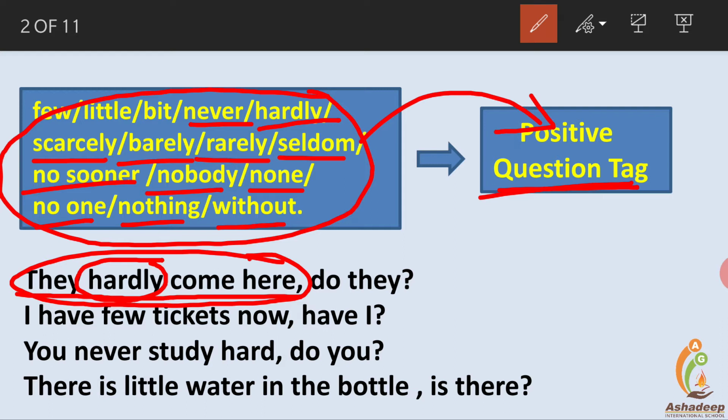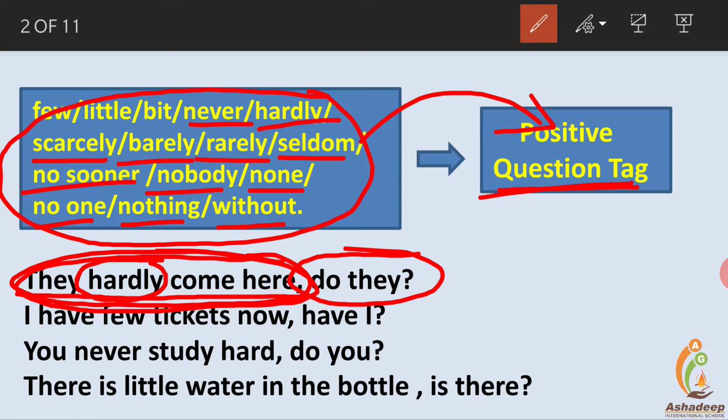They hardly come here means: when do they come here? No, almost never. They do not come here. It gives that meaning, and that's why this sentence is taken as a negative sentence. And as per the rule, the question tag should be positive. So here we have a positive question tag.